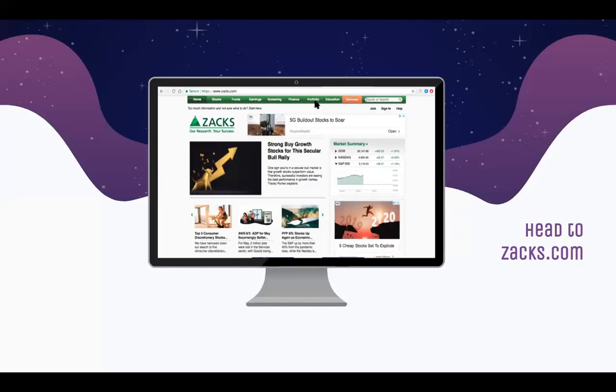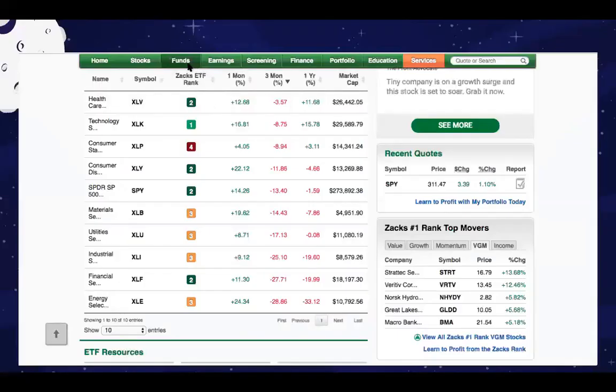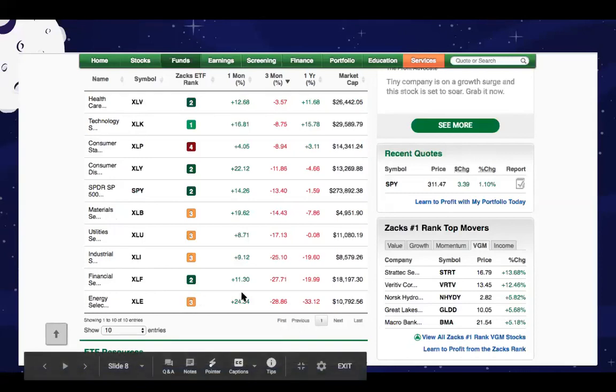You're going to go to Funds and click the Funds button here. Once you click the Funds button, click ETF. It's going to pull up ETFs that are in our market.